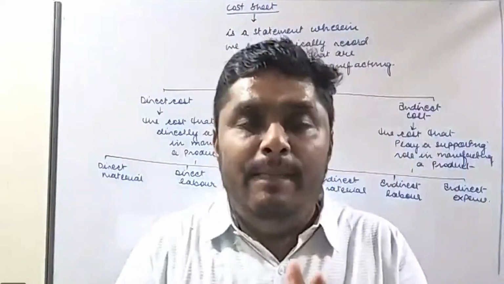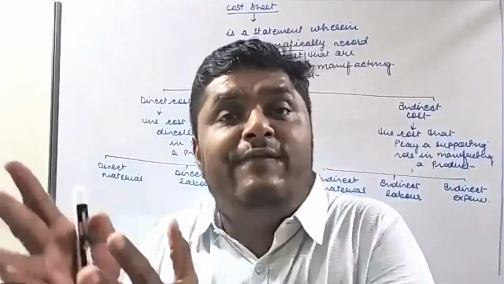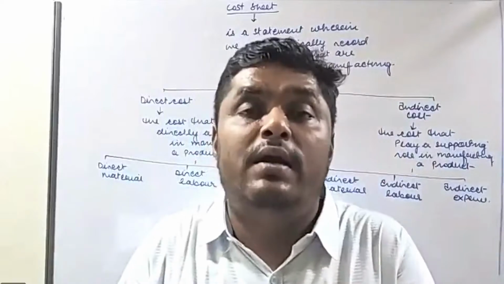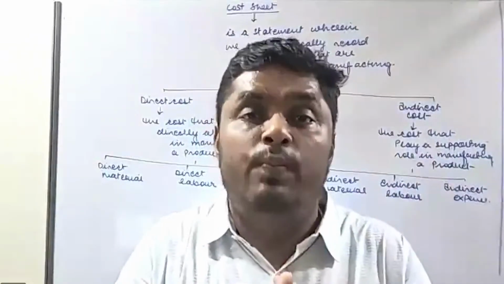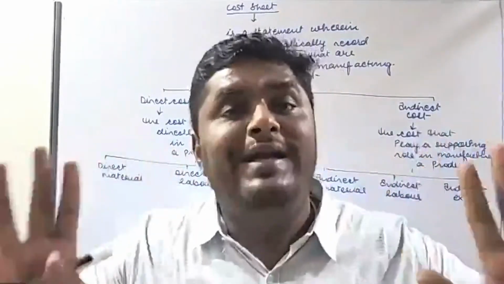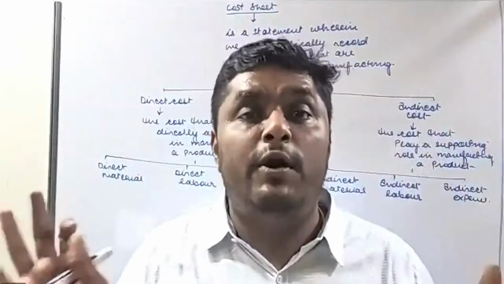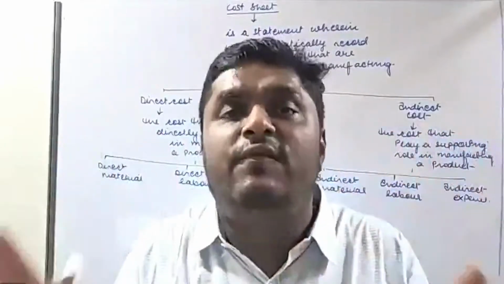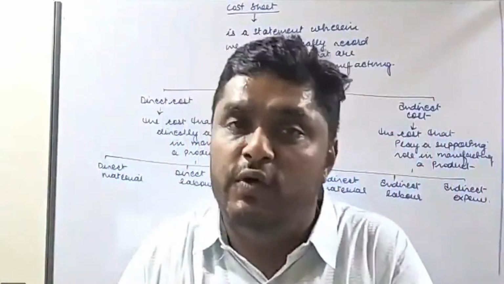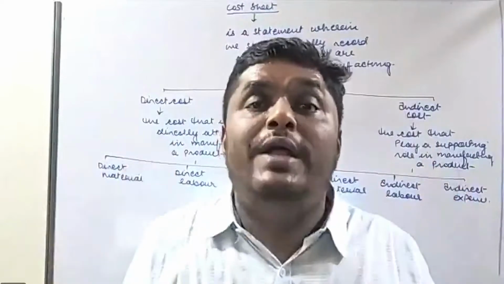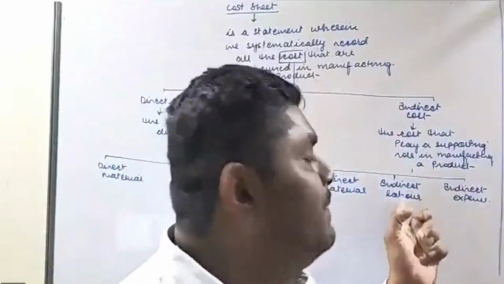Now, let's say to supervise the work done by these 100 workers, I have kept 4 supervisors. They are not directly involved in manufacturing a product, but they are supervising the work done by my workforce. So the amount paid to the labor supervisor is my indirect labor.